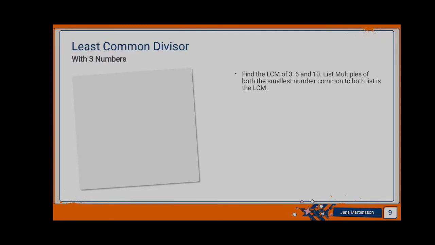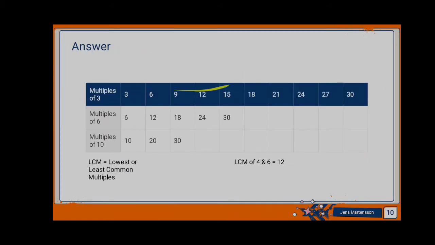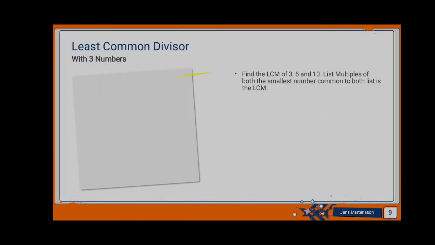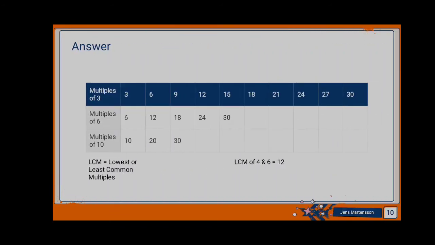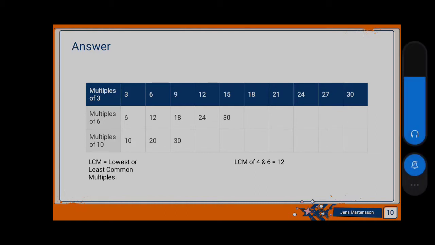Least common multiple with three numbers. Find the LCM of 3, 6, and 10. List the multiples of each. The smallest number common to all lists is the LCM. Answer. Multiples of 3 are 3, 6, 9, 12, 15, 18, 21, 24, and 30.